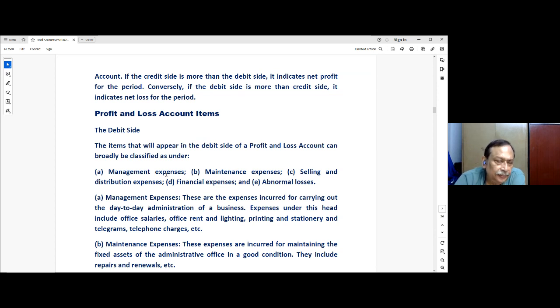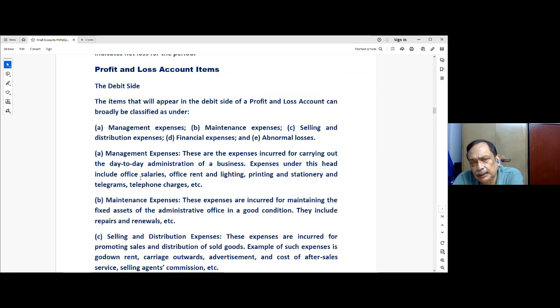The debit side. The items that will appear in the debit side of a profit and loss account can broadly be classified as number 1, management expenses, number 2, maintenance expenses, number 3, selling and distribution expenses, number 4, financial expenses, and last but not the least, abnormal losses.